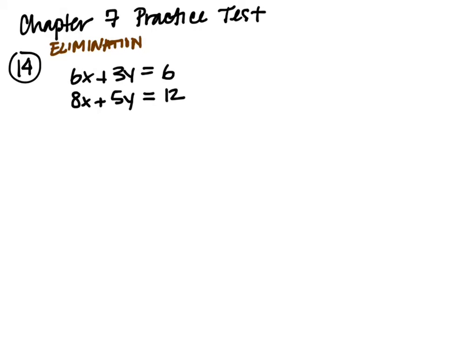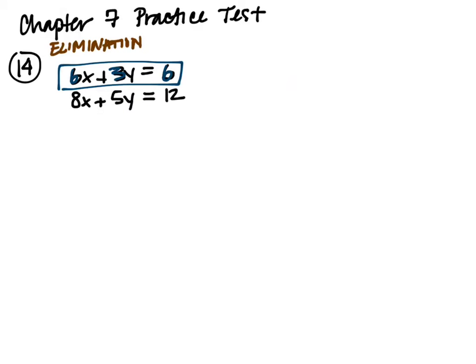I also take a look to see if perhaps I can divide something and make it a little easier for myself. So if I take a look at this, I notice that all of the coefficients, the 6, 3, and 6, can be divided by 3.